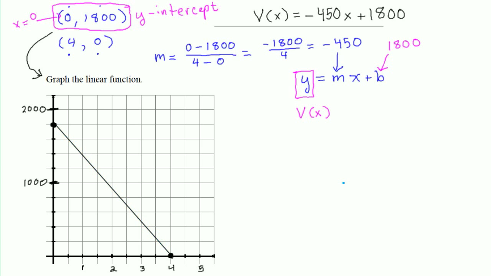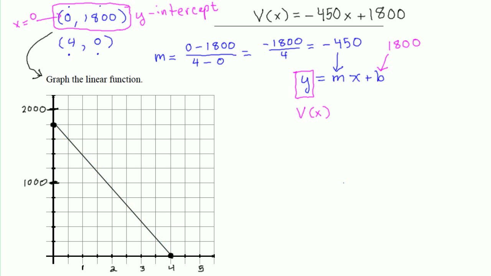We don't want to extend this line out of the graph at this time because it doesn't really apply beyond the first quadrant. If we go into the second quadrant over here, that's suggesting years before purchasing the computer, and if we go down here into the fourth quadrant, then that's just representing when the computer is worth negative values.